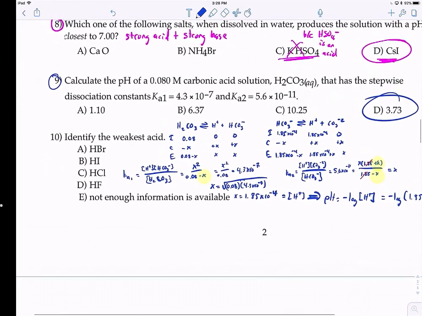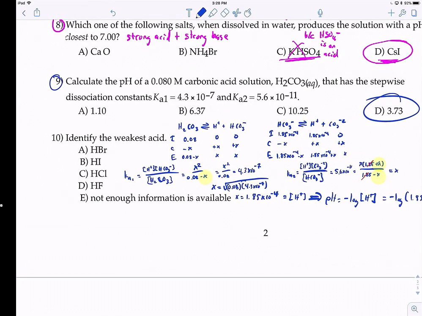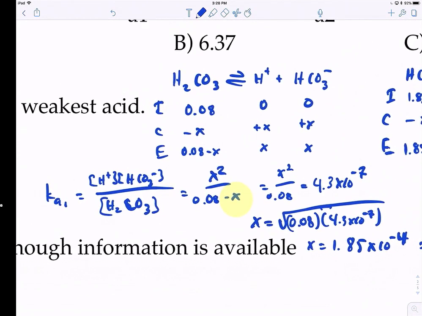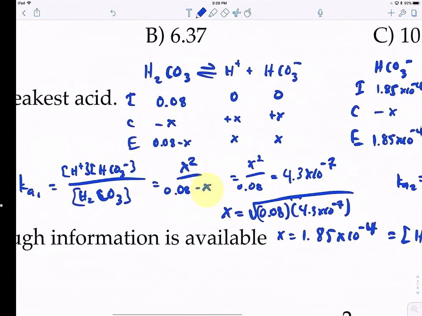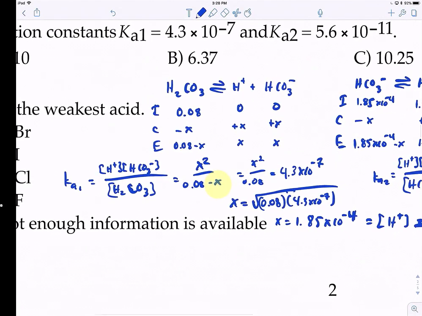So, questions with this one? It's just like the other acids. You have initial, change, equilibrium, with carbonic acid breaking apart. Initial conditions, we shift right: lose one extent of reaction of carbonic acid, gain one extent of reaction of hydrogen ion and bicarbonate ion, and then add them for the equilibrium.